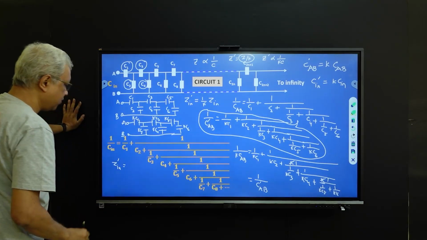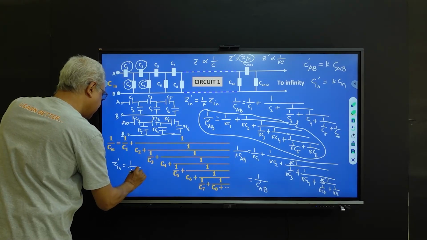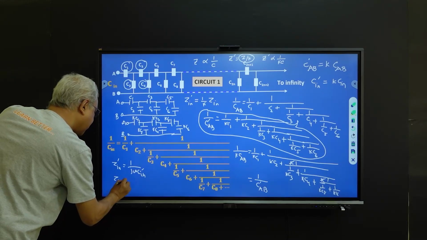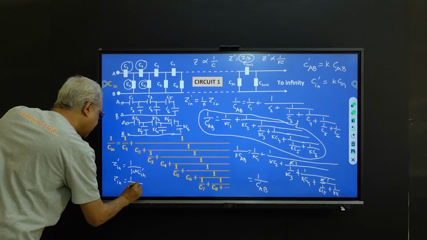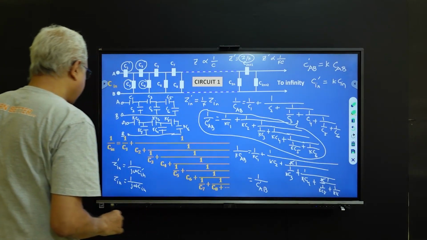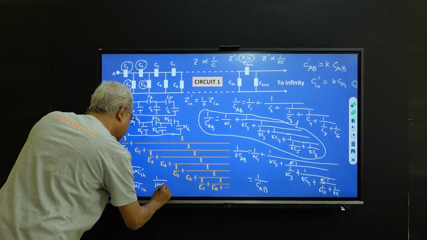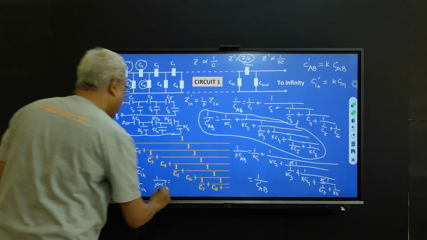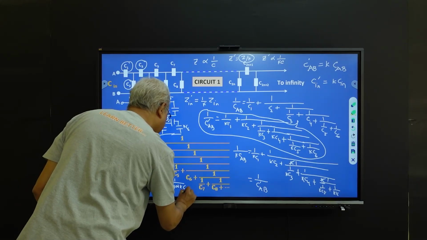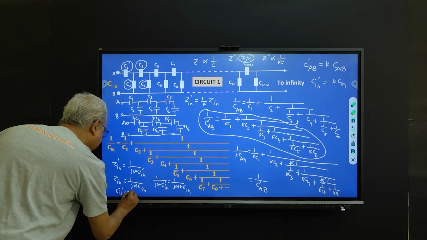But Z dash in for a capacitive circuit equivalent is actually 1 by j omega C in dash, and Z in is actually 1 by j omega C in. Since Z dash in is 1 by K times Z in, 1 by j omega C in dash is 1 by j omega K C in, and therefore C in dash is K C in.